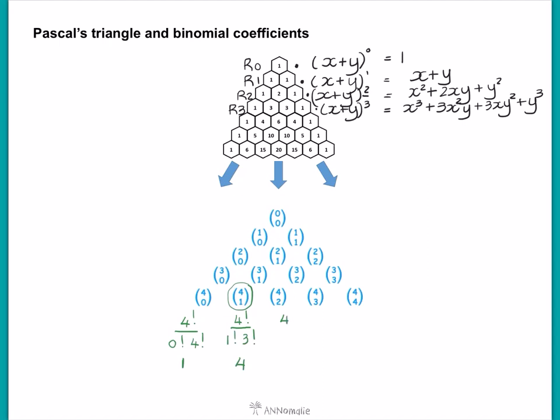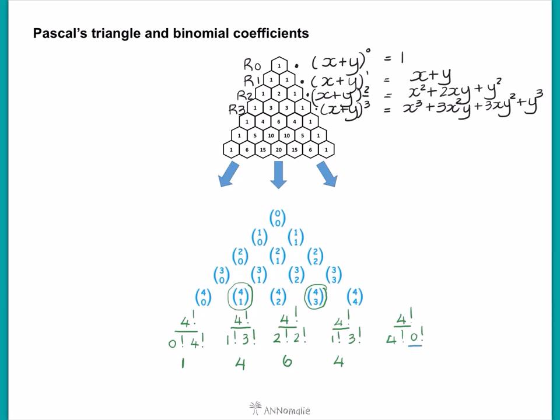What about 4 choose 2? 4 factorial, 4 minus 2 is 2 factorial, 2 factorial. And that will result in a 6. 4 choose 3. This one will be 4 factorial, 4 minus 3 is 1 factorial, and then 3 factorial. And that's once again a 4. 4 choose 4, the last one, is 4 factorial over 4 factorial, 0 factorial. Note that 0 factorial equals 1.